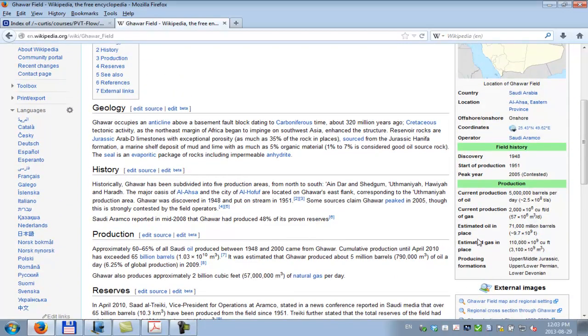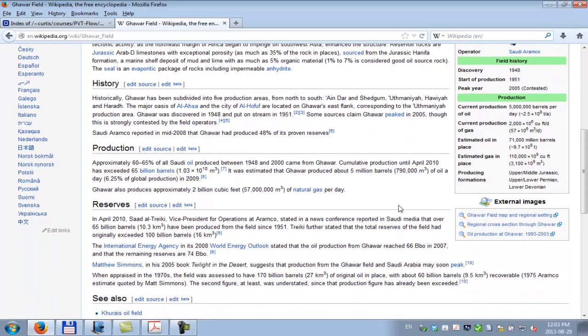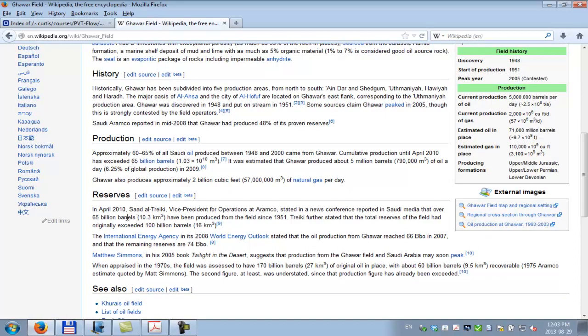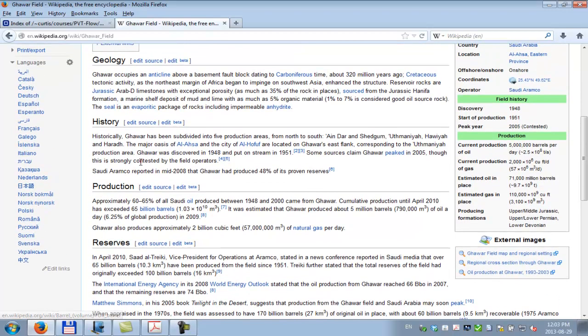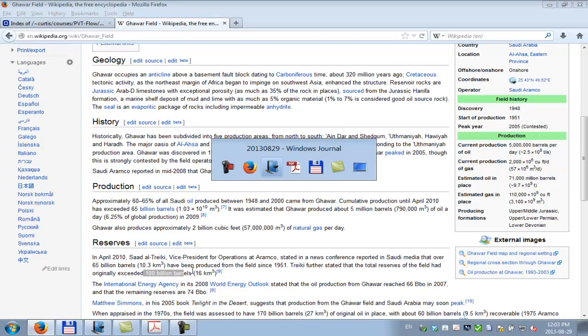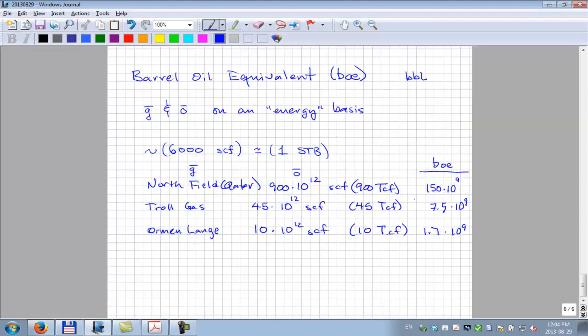Oil in place, 71 billion barrels. Of course, that can't really be right. That's production, because the claim is that they've already produced 65 billion barrels, and it originally exceeded 100 billion barrels. Okay, but if you look at that here, it's less than the energy equivalence of the North Field. In other words, the North Field contains more energy in a sense than the Ghawar field.